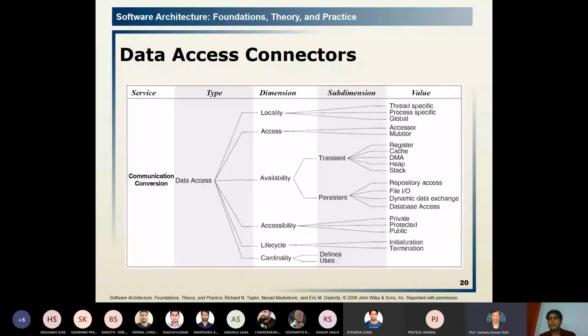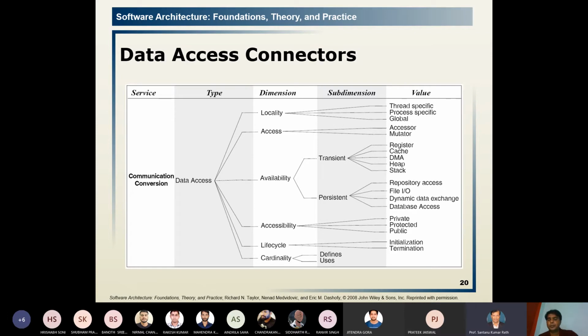First, locality: it is thread specific, meaning very pinpointed, or process specific, or global access. Then the access, the accessor or mutator. Then availability, transient or persistent. Transient means a very short time, persistent means a longer time.